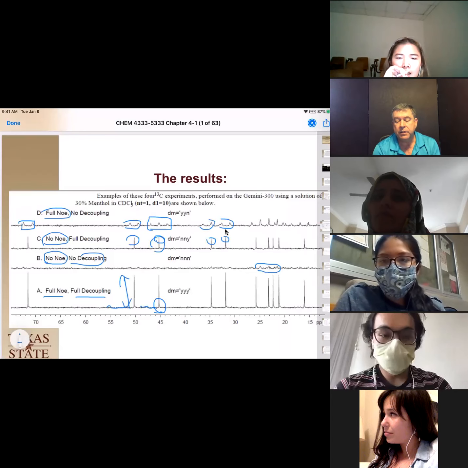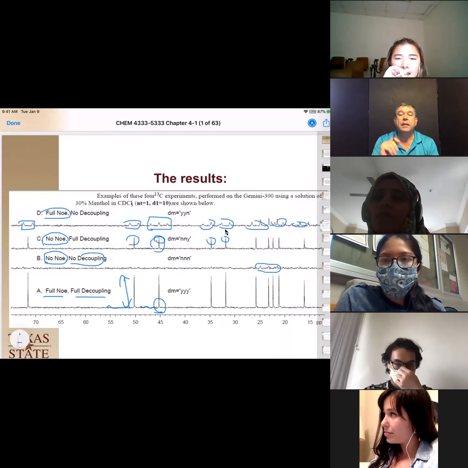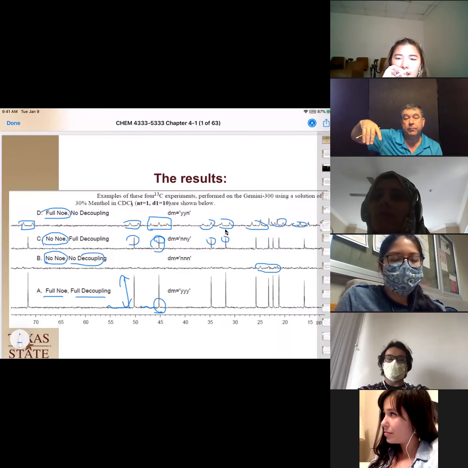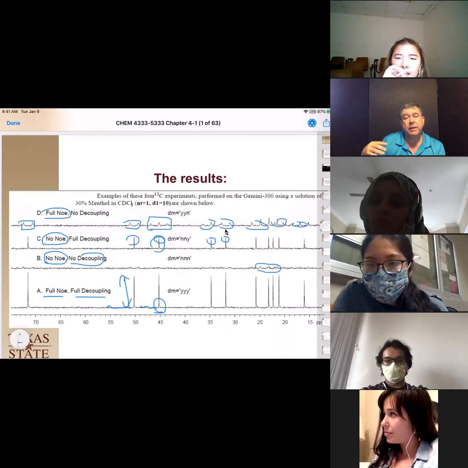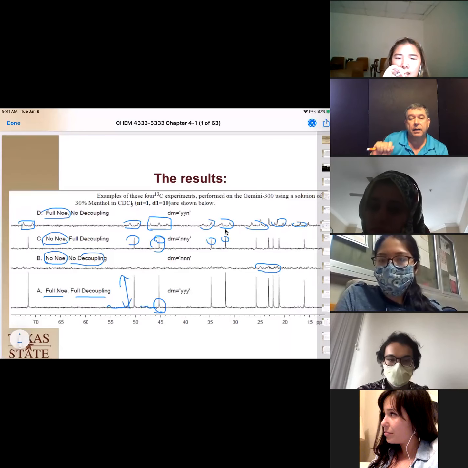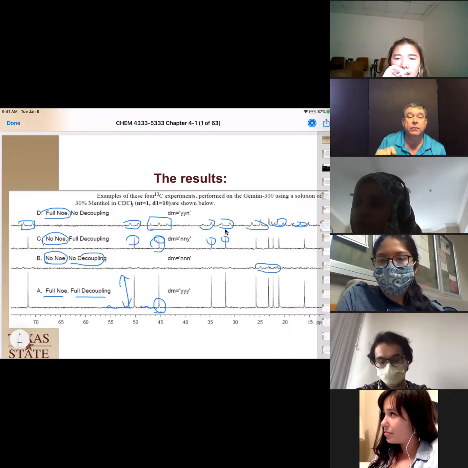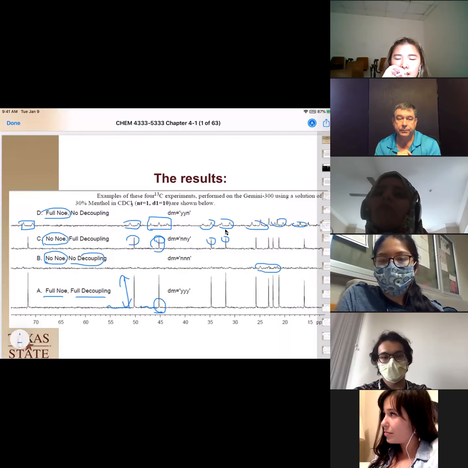So these splittings right here are indicative of how many hydrogens we have on there. So there's no decoupling. So see how that's barely above baseline, and therefore enhancing the signal but not decoupling it makes it difficult to identify which protons are which.